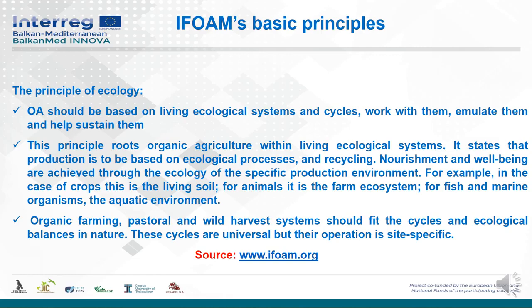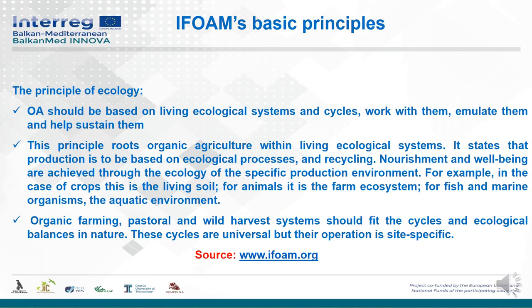The second principle, the principle of ecology. Organic agriculture should be based on living ecological systems and cycles, work with them, emulate them, and help sustain them. This principle roots organic agriculture within living ecological systems.